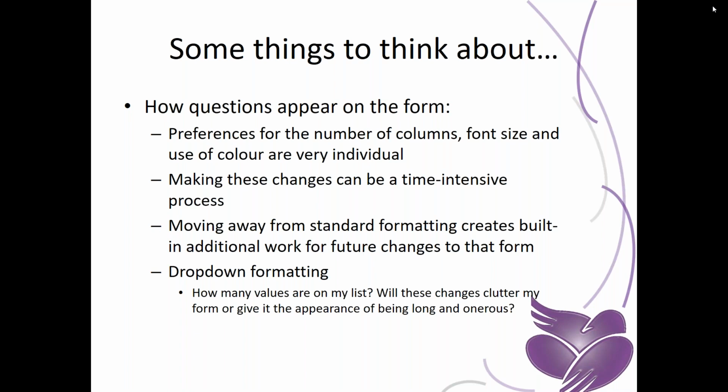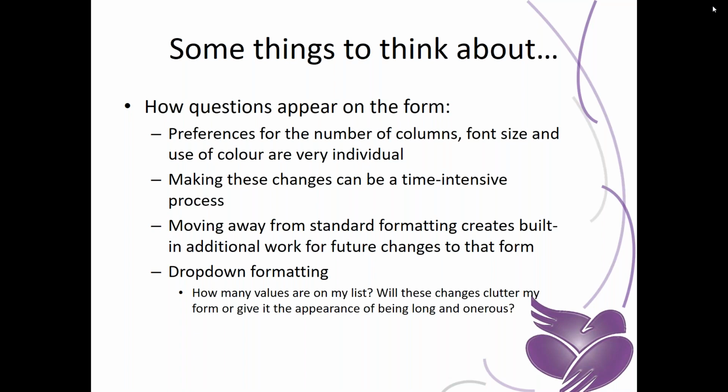So I just encourage you to keep that in mind before you dive in and do a lot of these manual design changes, because it takes forever. It's really finicky, fussy work, and you just want to make sure it's worthwhile before you tackle it.